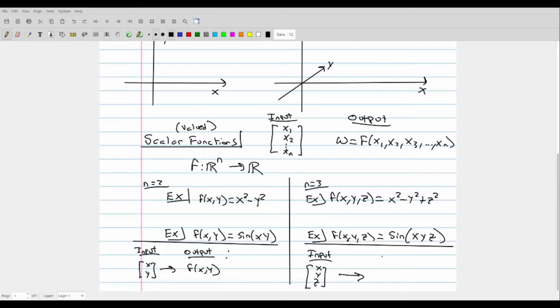That's the output, which is the function value at that point. Now it's a function of x, y, and z, because this is a function of three variables in the n equals 3 case. So this gives a summary of the notation and the main topic of study in this class.